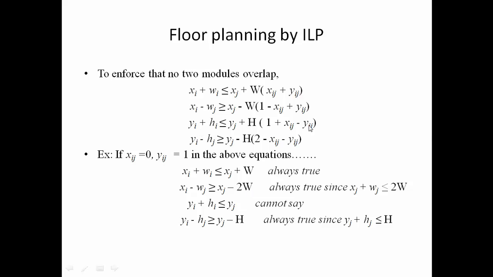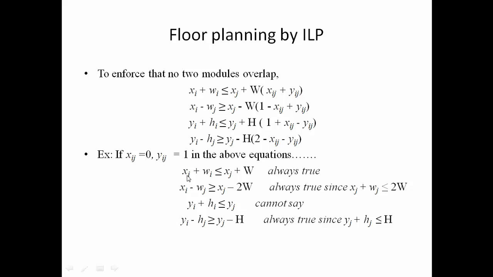And look at the third equation now. xij is 0, yij is 1, so it becomes 1 plus 0 minus 1, it becomes 0. It becomes just yi plus hi is lesser than yj. And what happened to the fourth equation? 0 1, so it becomes 2 minus 1, 1, so it becomes yi minus hj greater than yj minus H. So look at the first equation more carefully. After putting 0 1, what happens?